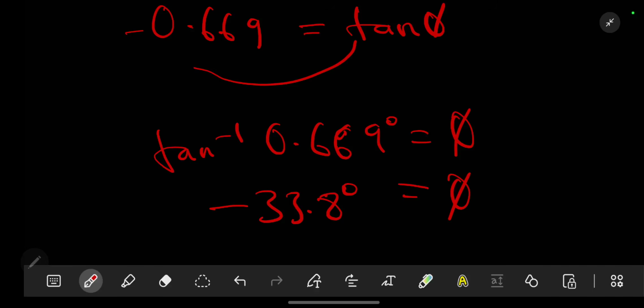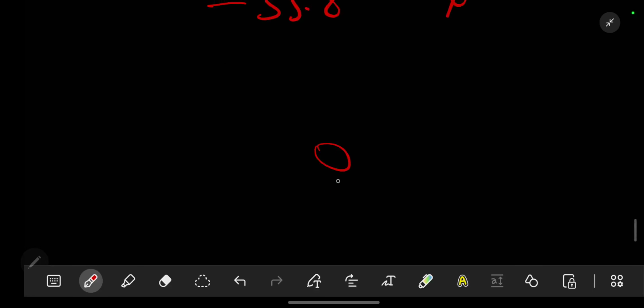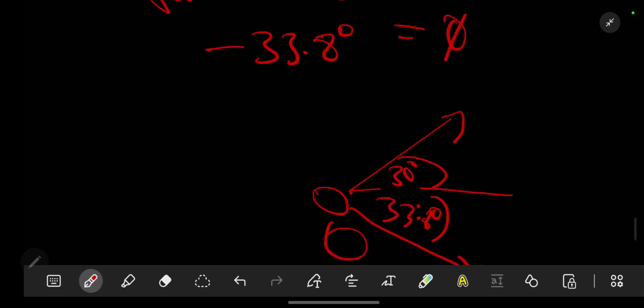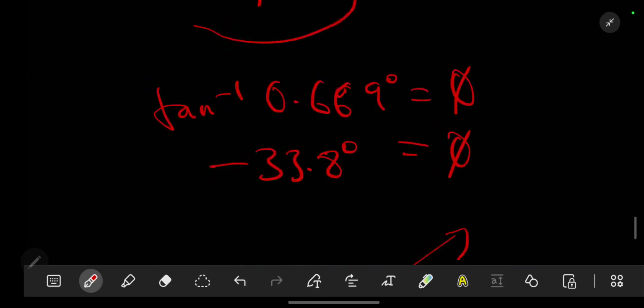So that is the angle. It means one particle went up with an angle of 30 degrees, then this other one went down with an angle of 33.8 degrees. That's how come we have the negative.